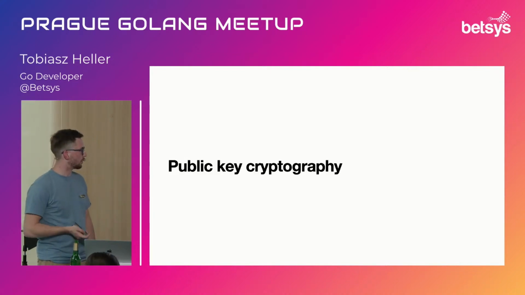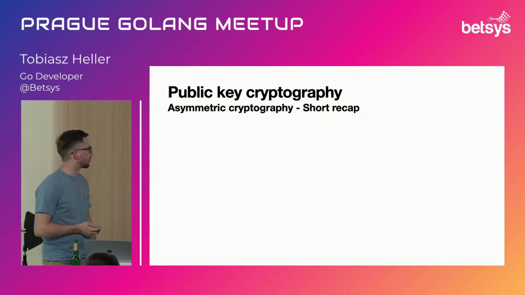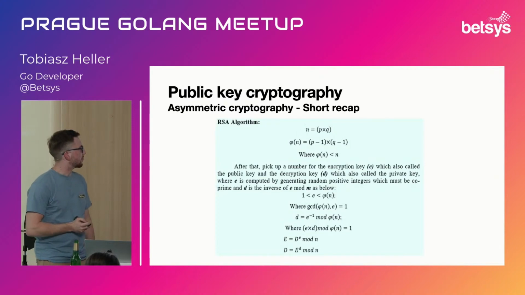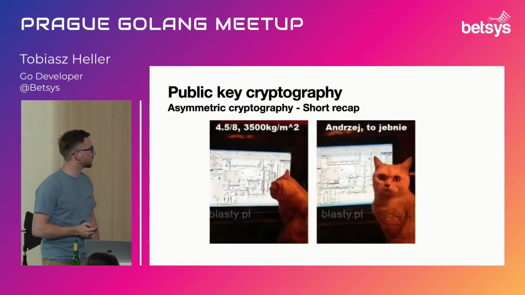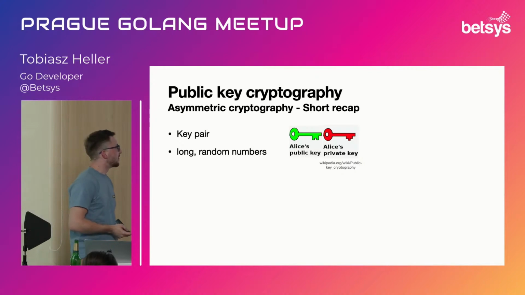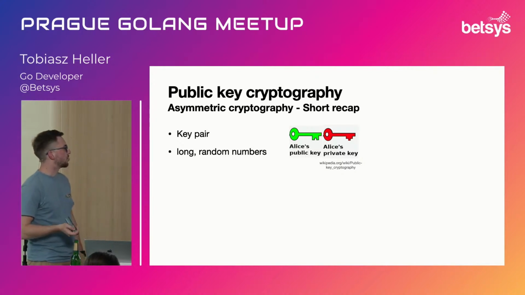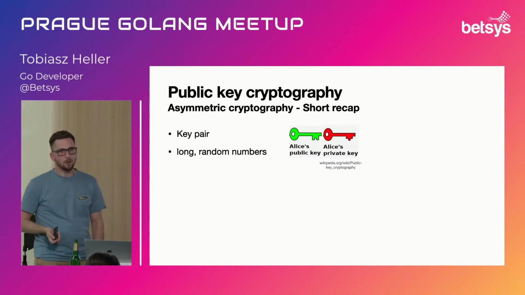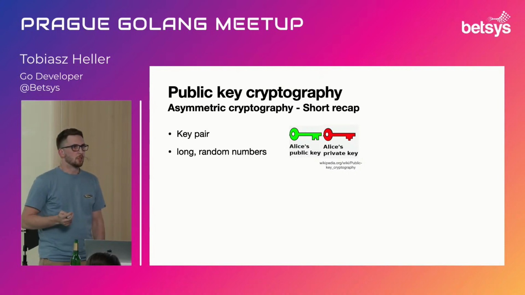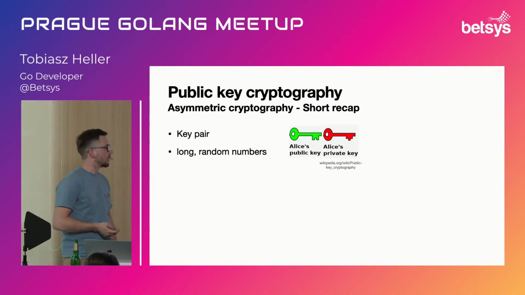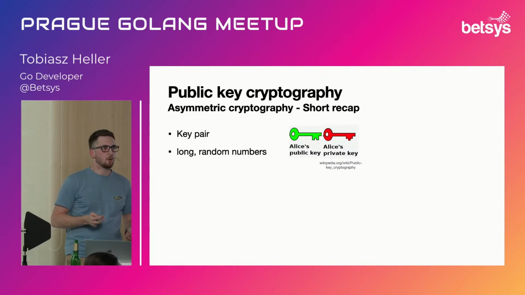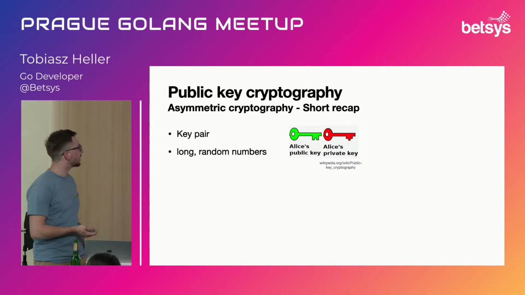Before we dive into the details, let's do a short recap of public key cryptography. Here is the RSA algorithm, but we won't go into it. We'll do something simple. In public key cryptography, you need to know that there is a key pair, and each key pair consists of a public and a private key. Those are long random numbers, and they have a mathematical relationship with each other.